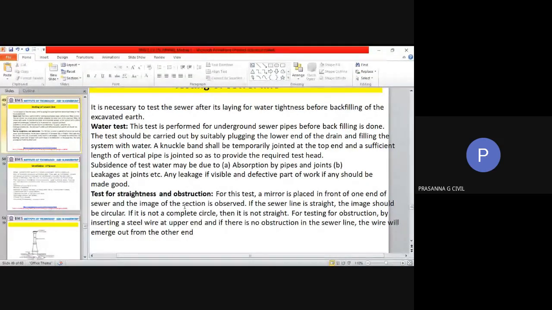Sometimes, while you have laid the pipe material, soil would have entered the pipe material at some point. Sometimes while jointing, some mistake has happened and the joints get obstructed in some way, especially when the pipe sizes are small.